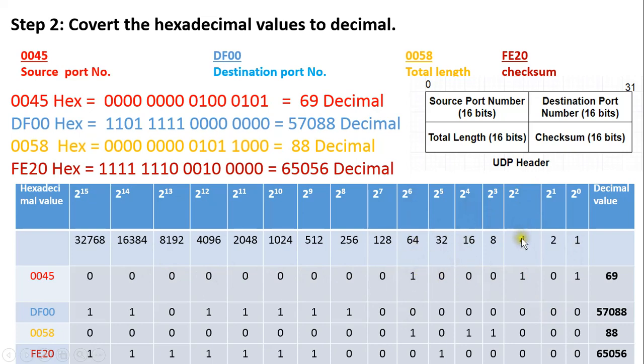Plus 4 plus 1, that is 69. Similarly, DF00 in binary is written as 1101 1111 0000 0000.